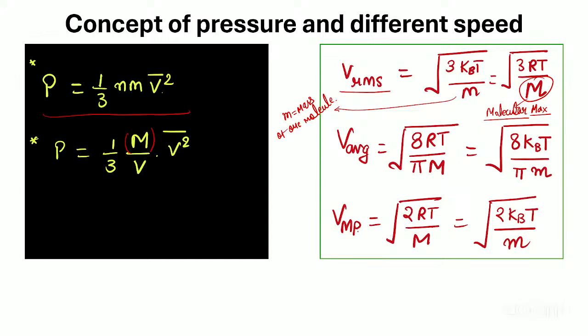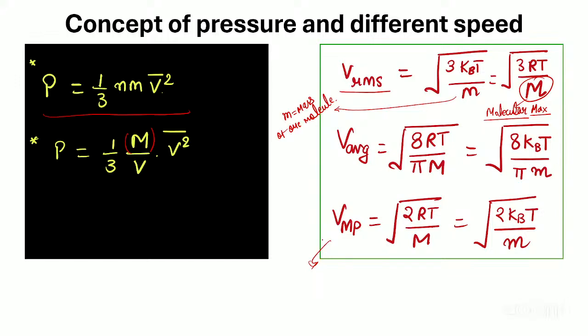And V_mp, the most probable speed, which means the speed at which most of the molecules of the gas are moving, is equal to the square root of 2RT upon M, which is the square root of 2k_BT upon m.